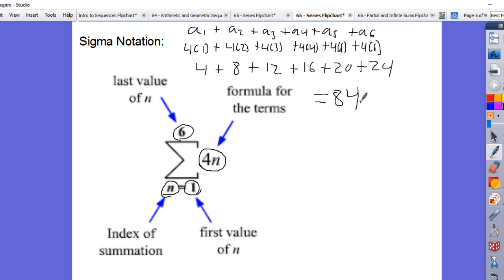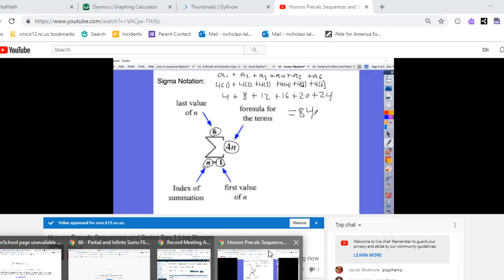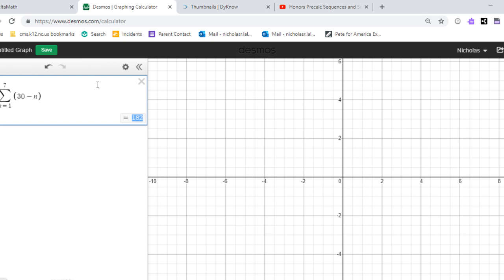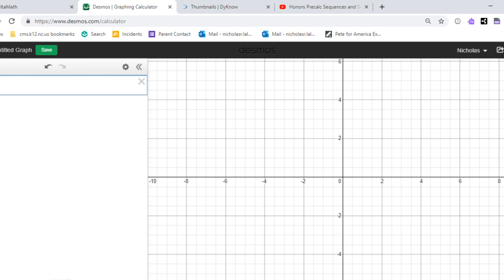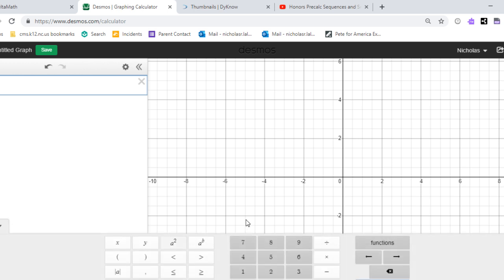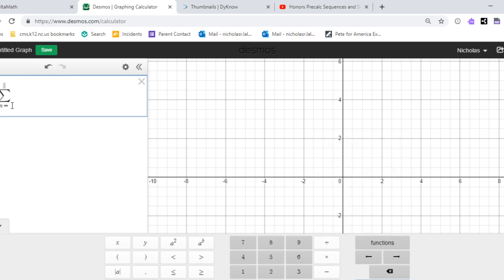There's a cool tool that you can use on Desmos. To find it, you open up your keypad, you go to functions and you go to miscellaneous, then you click the sigma notation button.